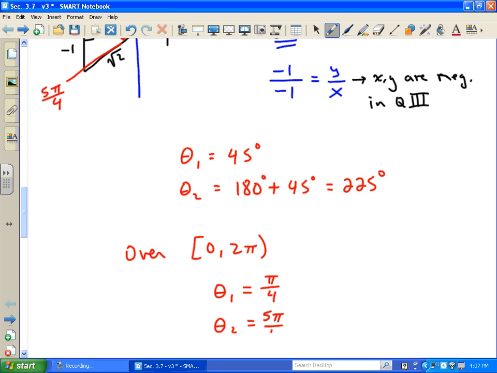So theta 2 is 5 pi over 4. There are our solutions. This concludes this example of solving trig equations.